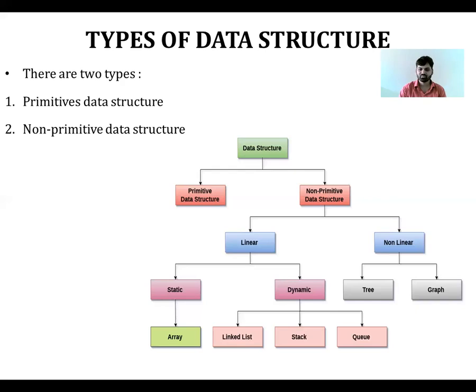Then the non-linear data structures are tree and graph. The data elements in non-linear data structures are stored in a non-linear manner, not in a linear manner. The various nodes in a graph are stored in a non-linear manner.